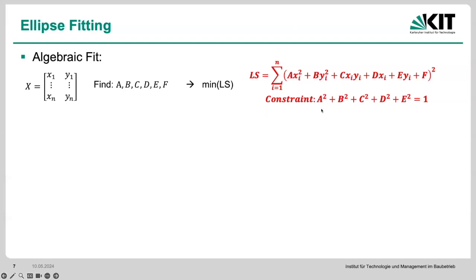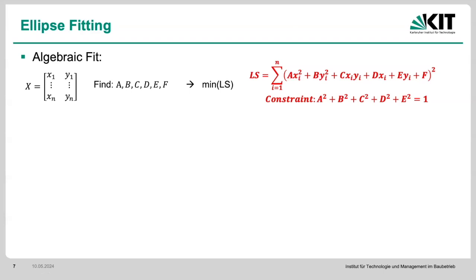In order to create a hyperplane, with the constraint that A² plus B² plus C² plus D² plus E² equals 1, and you have xi and yi as our initial observations, what do we need to do to create a hyperplane, this time in 1, 2, 3, 4, 5 dimensions?